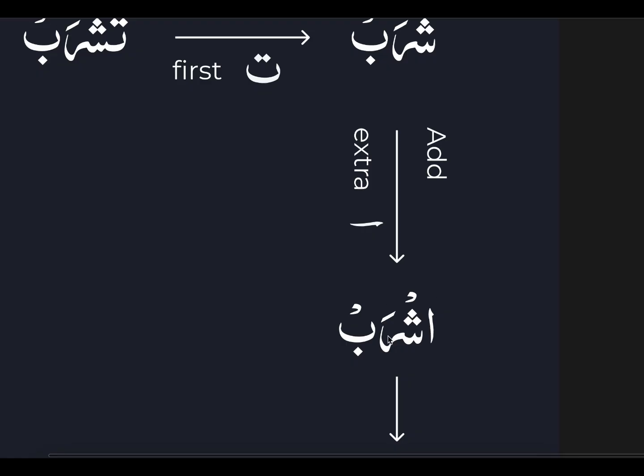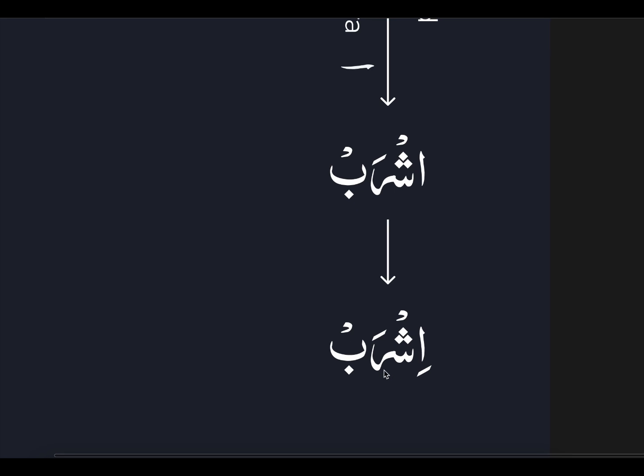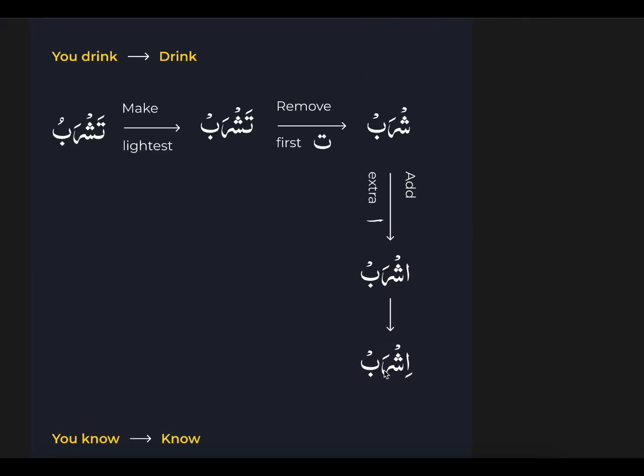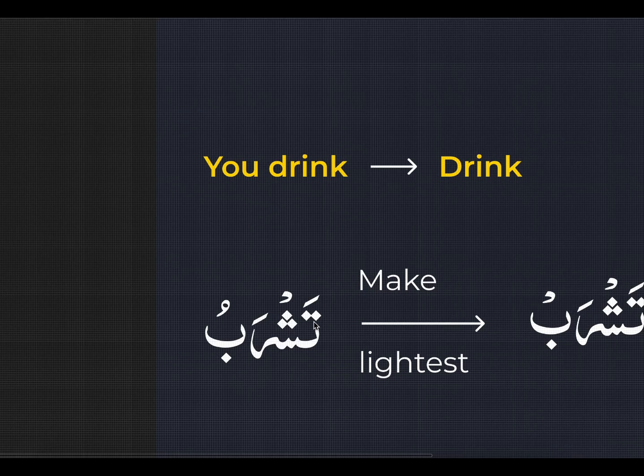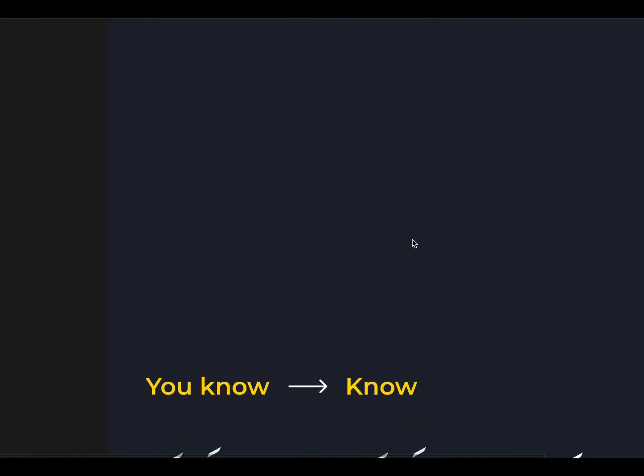In all other cases, it gets e. We are looking at the second last letter and it does not have u, so the alif is going to get e. So it becomes ishrab. And that is your command. So tashrabu means you drink. Ishrab means drink. Command.